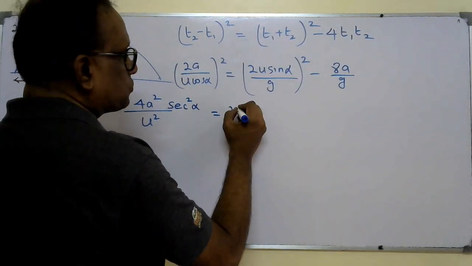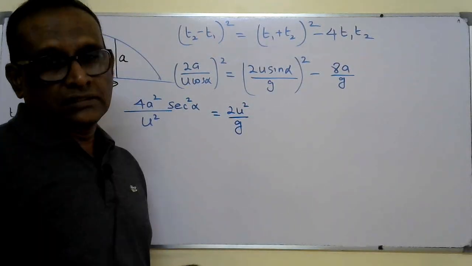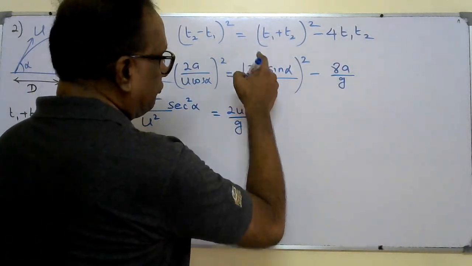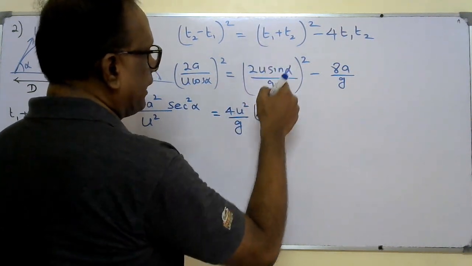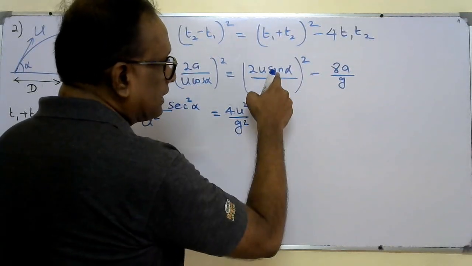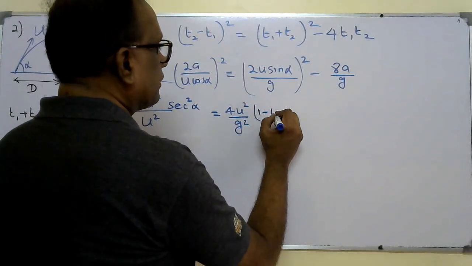Here 4u squared over g squared sin squared alpha, and sin squared alpha equals 1 minus cos squared alpha.